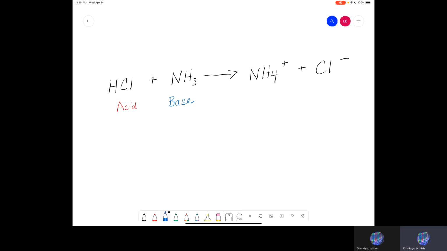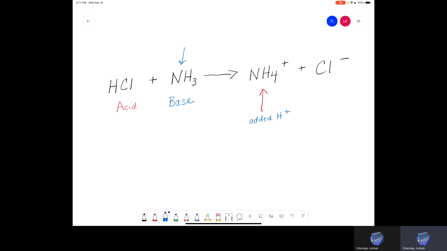Okay, so where the problems seem to come in is when people take a look at the other side. So let's take a look at NH4. What you want to do is pick the compound on the reactant side that looks the most like it. In this case, it would be NH3. And see what happened to NH3. If you take a look, NH3, NH4, what is the difference? You have an added hydrogen, okay?